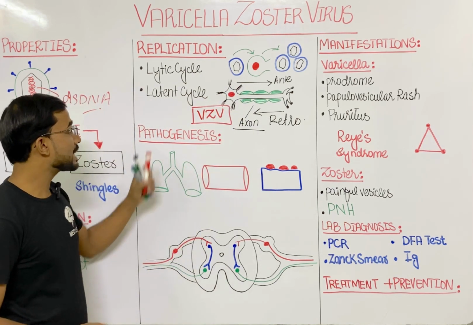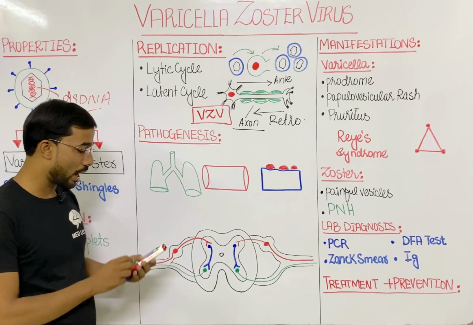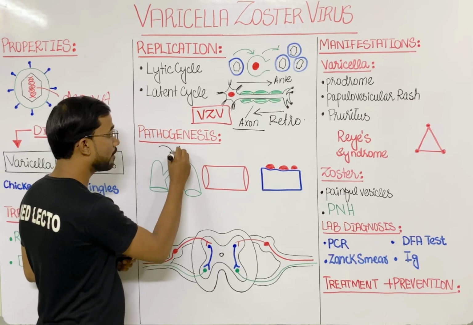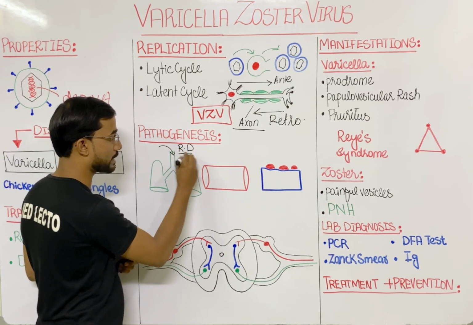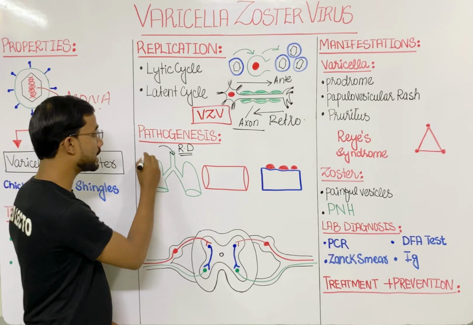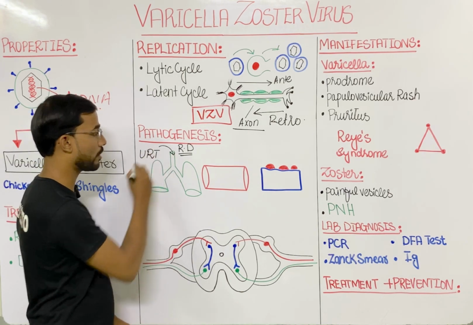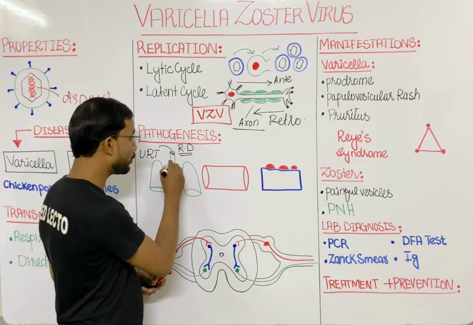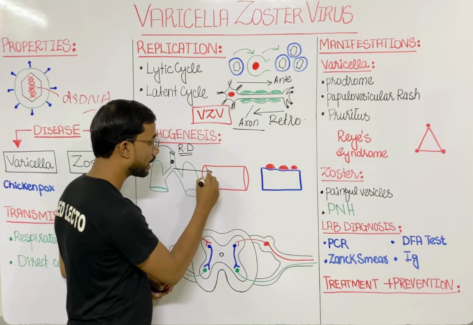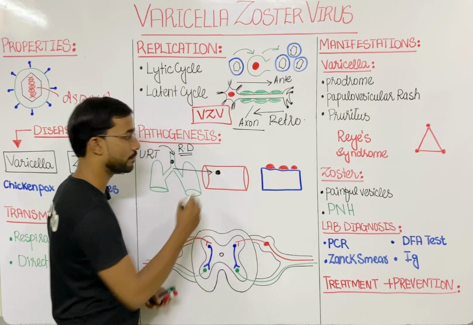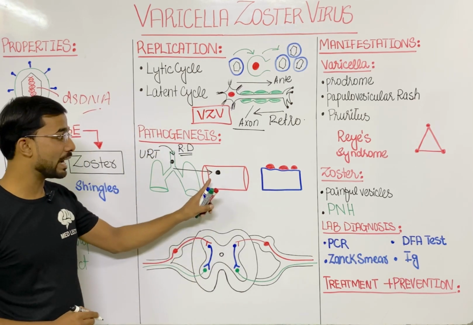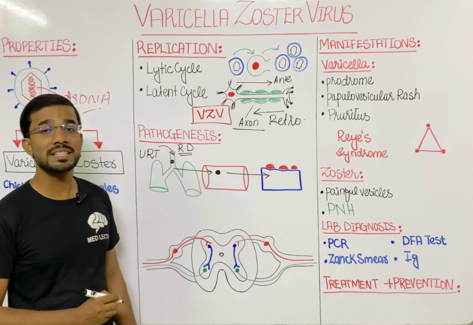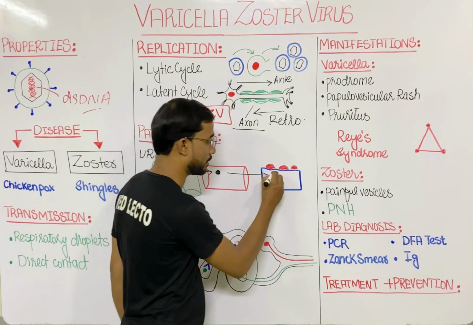Okay, next if we look at the pathogenesis, first of all, the varicella zoster virus enters our body through the respiratory droplets. It will go towards the upper respiratory tract, and from the upper respiratory tract that virus will go into the bloodstream, and after that the virus will form a vesicular rash on the skin.